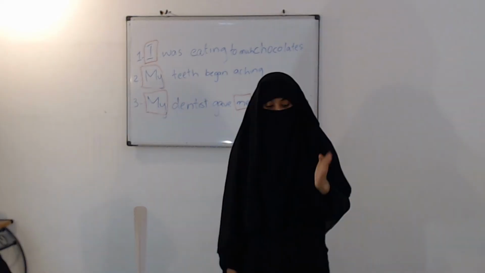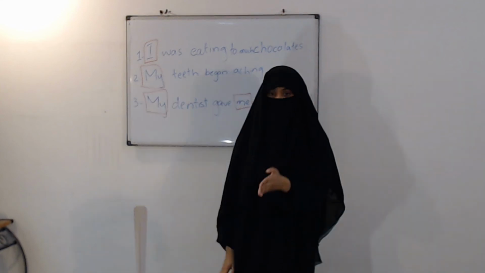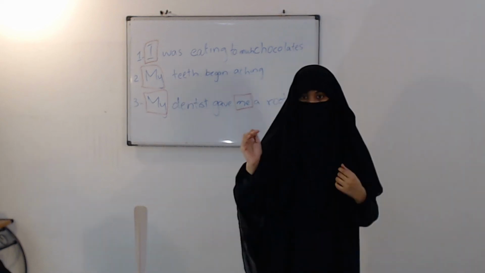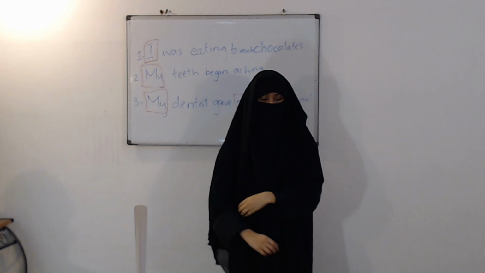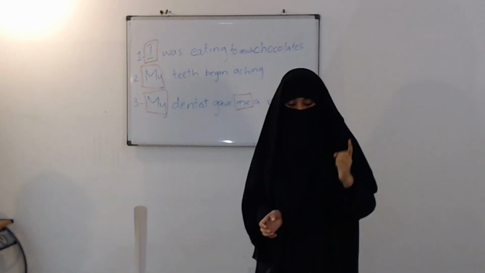Now, let me give you one more example. "I ate lunch yesterday outside the house very quickly." Now I'm going to ask you questions. Who is the doer? I is the doer. What did I eat?